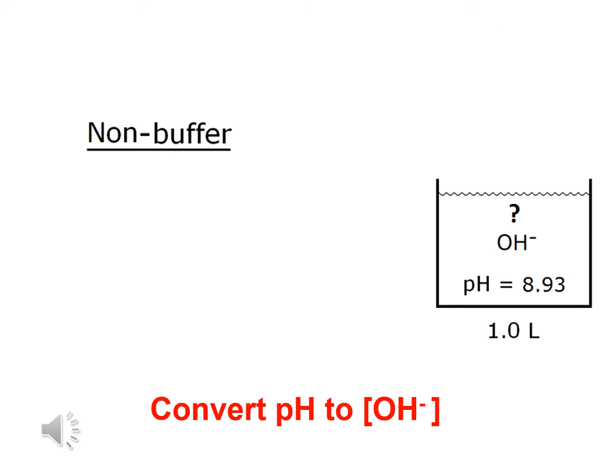In order to make a non-buffer at that pH, you have to do the conversion we've been doing all semester. You have to convert pH to OH, because you know that when you're above 7, you're going to have to add OH to get the pH 8.93.